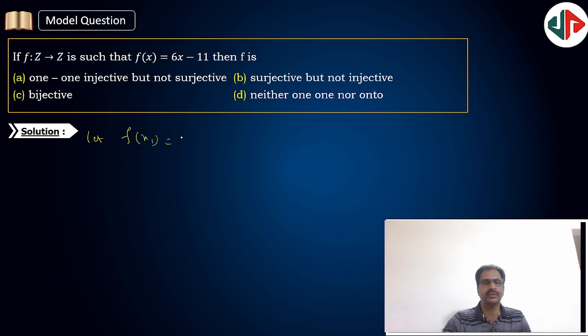Let f of x1 is equal to f of x2, and if we can show that x1 is equal to x2, then we can say the function is one-one. What is f of x1? 6x1 minus 11 is equal to 6x2 minus 11, implies 6x1 is equal to 6x2, or x1 is equal to x2. Therefore the function is one-one.